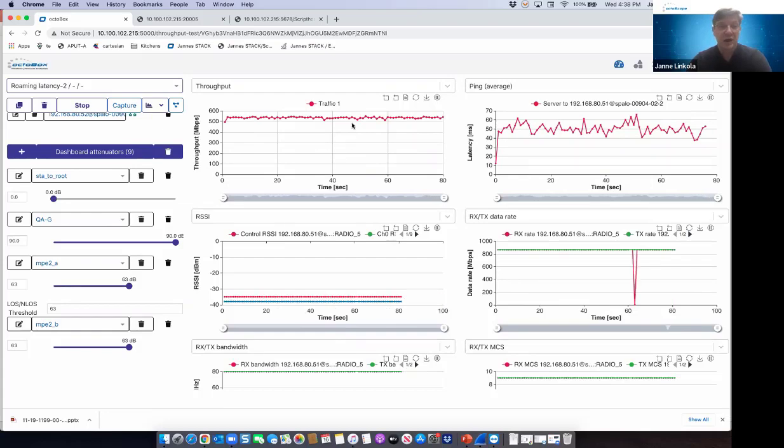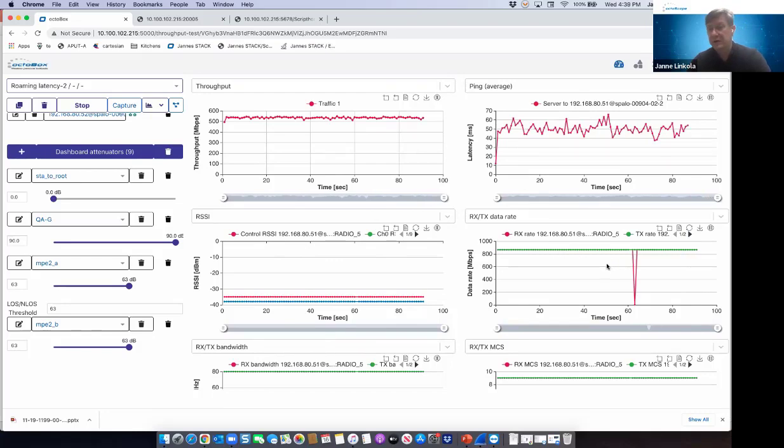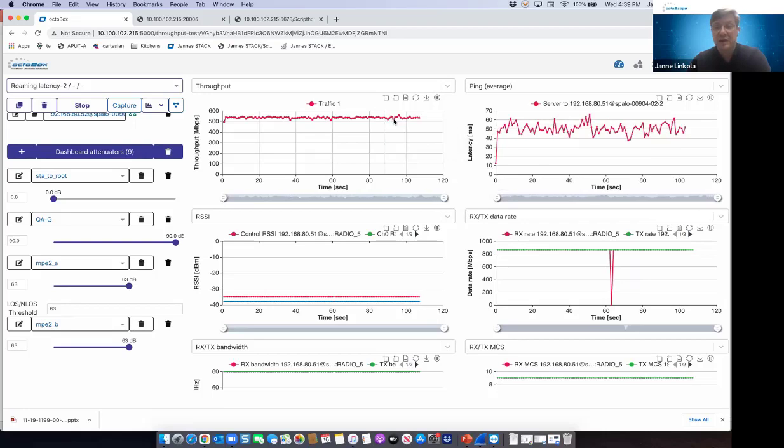The ones that we want to look at are throughput here, the RSSI as seen by the StayPal, the ping latency as we observe it, as well as the PHY rate between the StayPal and whatever access point or node it's connected to. As you can see, the throughput through the root node is about 550 megabits per second. And we're seeing about a 50 millisecond latency here.